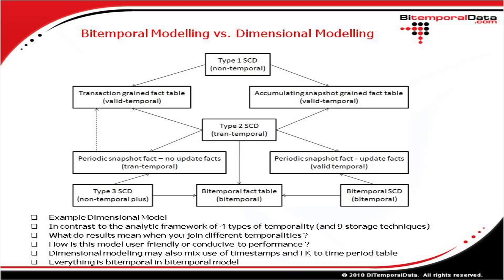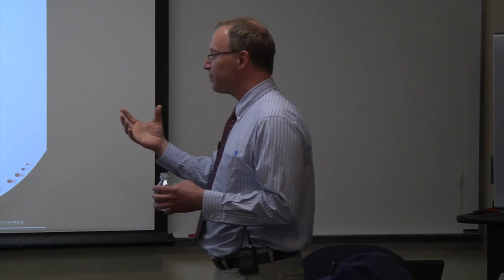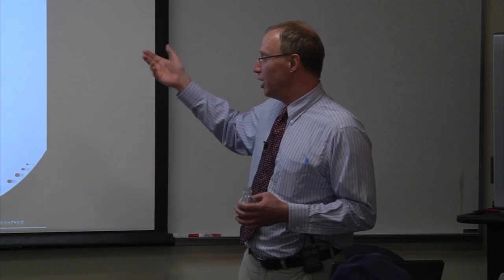Oh, I update the facts in that periodic snapshot grained fact table, and this one I don't update the facts. Right? Okay, or vice versa. It's just interesting to think about all of the different menu items that Kimball gives you out there, and how they relate to this analytic framework that I gave you for understanding the temporalness of data.